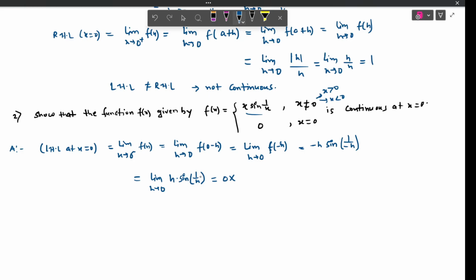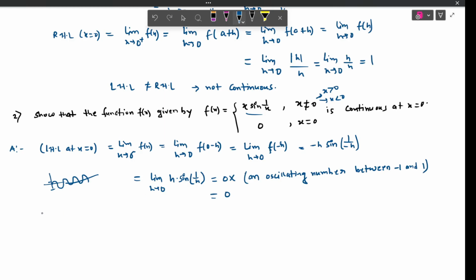So that means sine value, whether it is infinity or not, varies from plus 1 to minus 1. So it is a dangling function, so we can say it is an oscillating number between -1 and 1. So it would be 0.